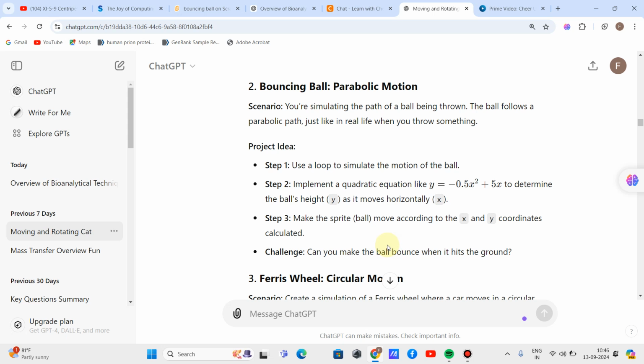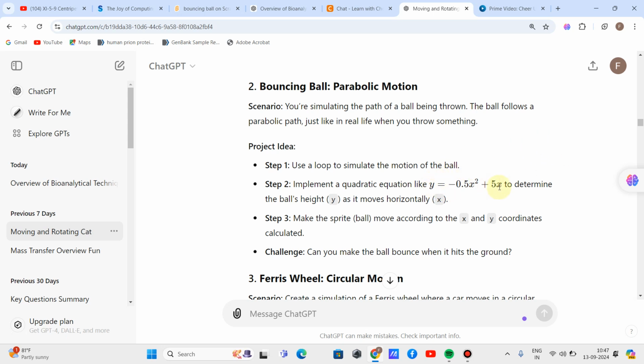So the accelerated motion, in physics we have learned, is v square equal to u square minus 2h, but here a mathematical expression is given to me, so I'm going to use this as my y height. Another equation also is there, like s is equal to ut plus half at square, which is given by this equation.